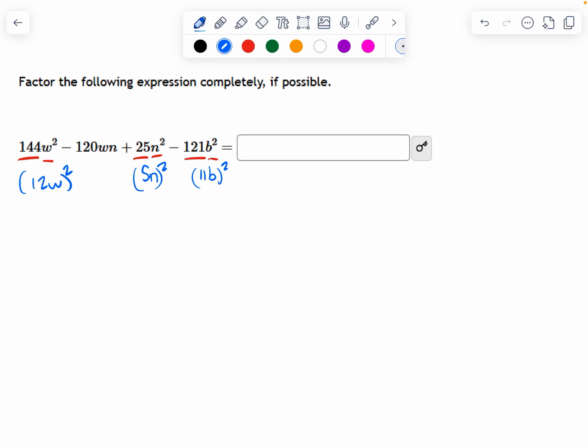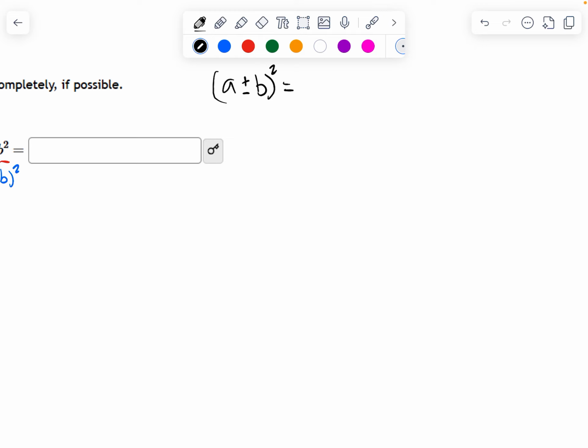So then I'd say, okay, let's look at some of our polynomial identities that work with perfect squares. There's a couple of them. You have your perfect square trinomials, right? So we have a plus or minus b squared equals a squared plus or minus 2ab plus b squared is going to be that one. Now that plus minus is indicating if it's a plus, it will be a plus there in our equation.